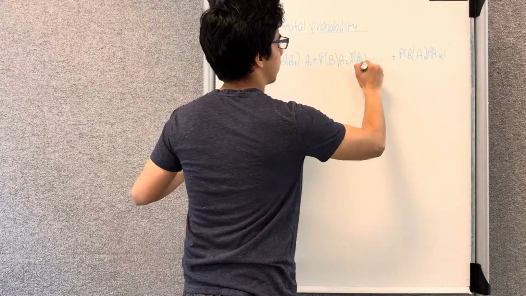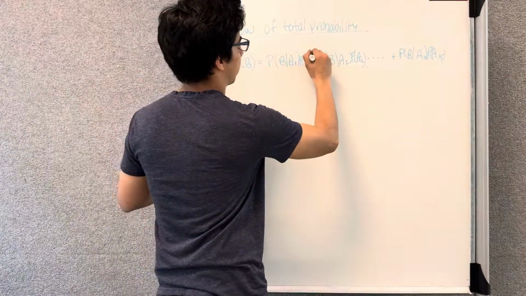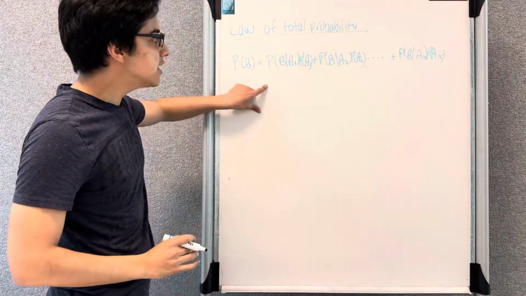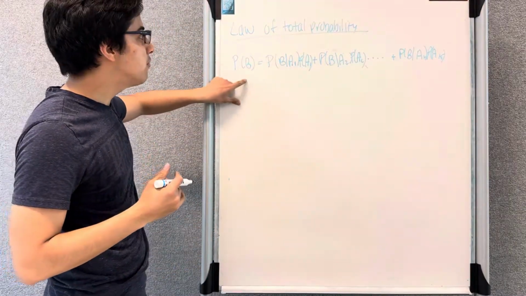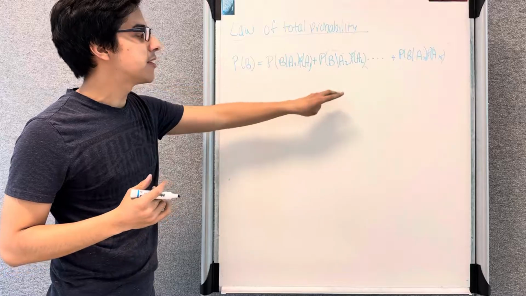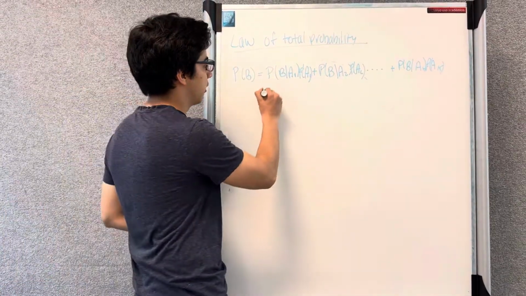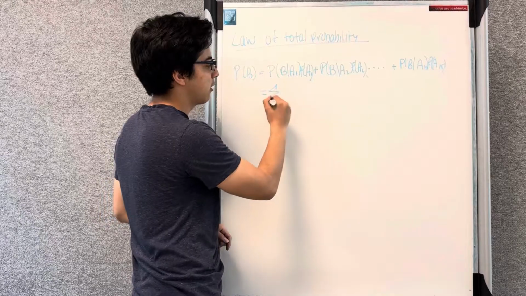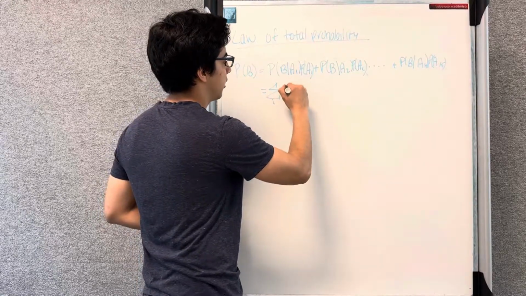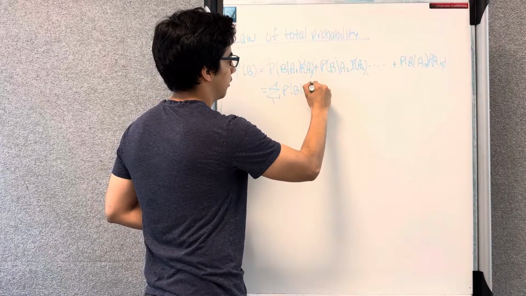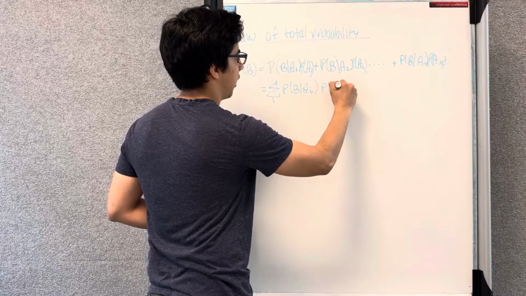This is a sum over all the events Ai, and it gives us the probability of B. In an easier way, each term is the probability of B and Ai.